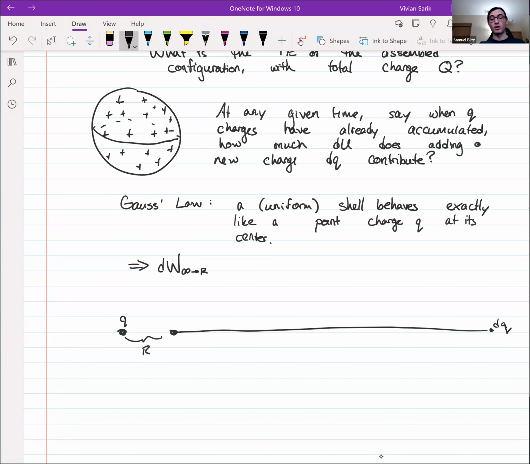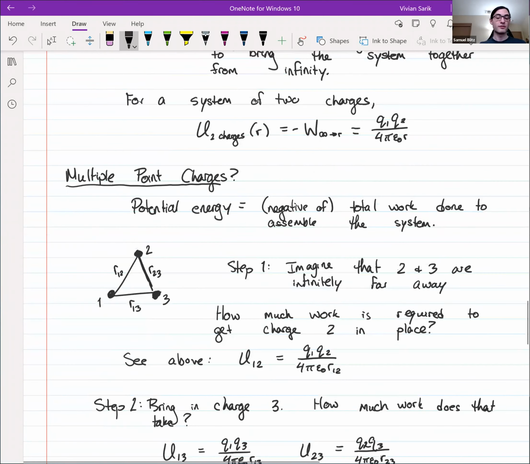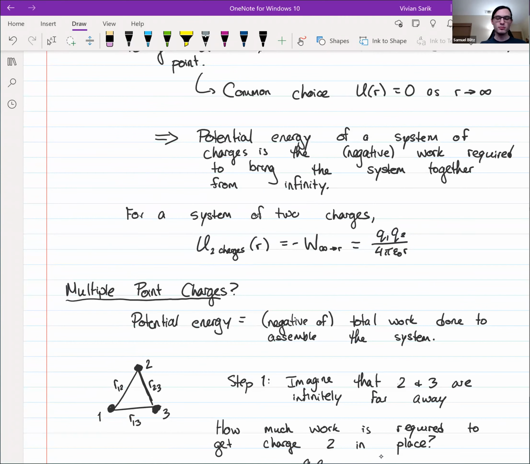And so you could just do that integral, and it's, in fact, the same answer that we got for two charges. It's just one of those charges is now dq.